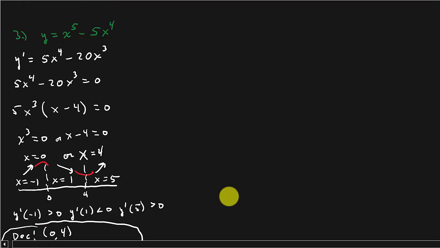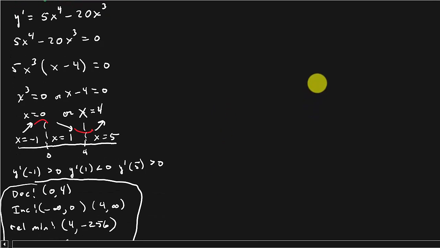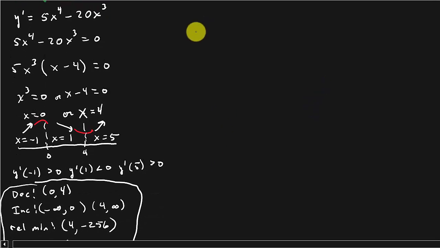All right, so now let's look at concavity. So I need the second derivative. That's going to be 20x cubed minus 60x squared.